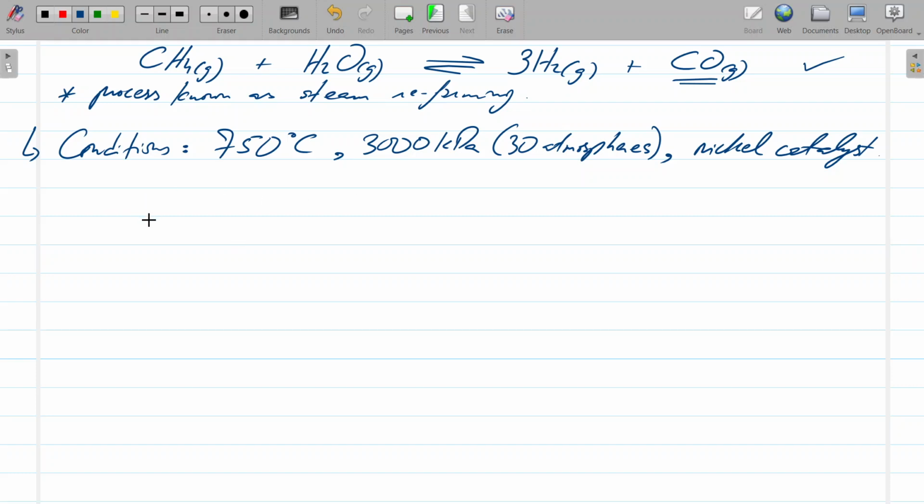So you've got carbon monoxide plus steam, and this is also a reversible reaction, and you're getting hydrogen plus carbon dioxide, which is not as bad.